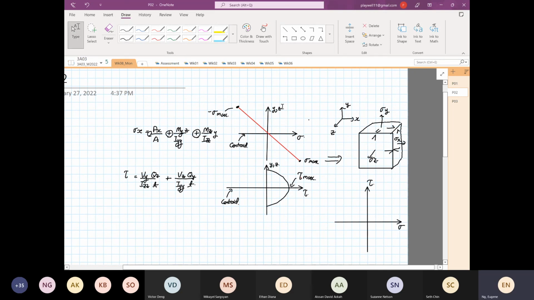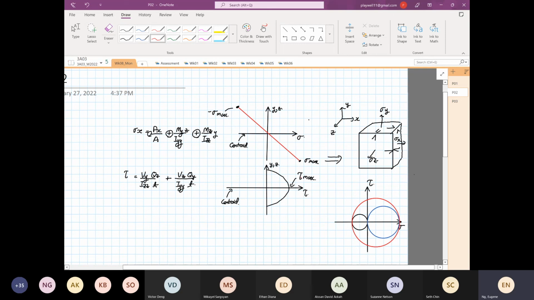We are going to plot the 3D Mohr's circle. The 3D Mohr's circle is not a sphere. So it's one circle, then we have another circle, and then we have another circle. We're going to plot 3D Mohr's circles, and each circle represents each plane.